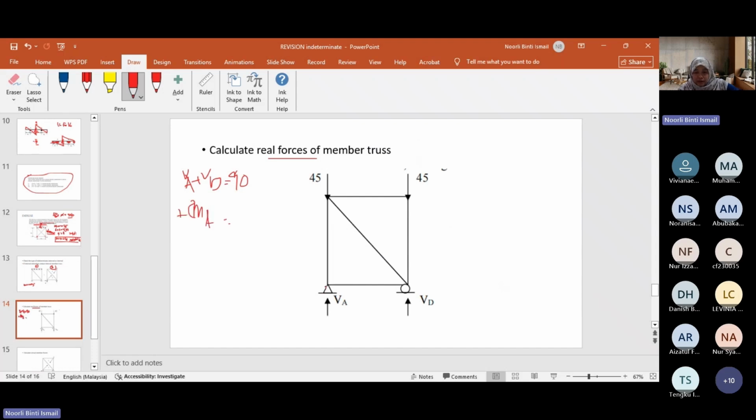Here, if you see, we have a pin, right? Pin, how many unknown reactions? Unknown reactions for the pin support, we have 2, right? So what is the value of the horizontal support reaction at A?